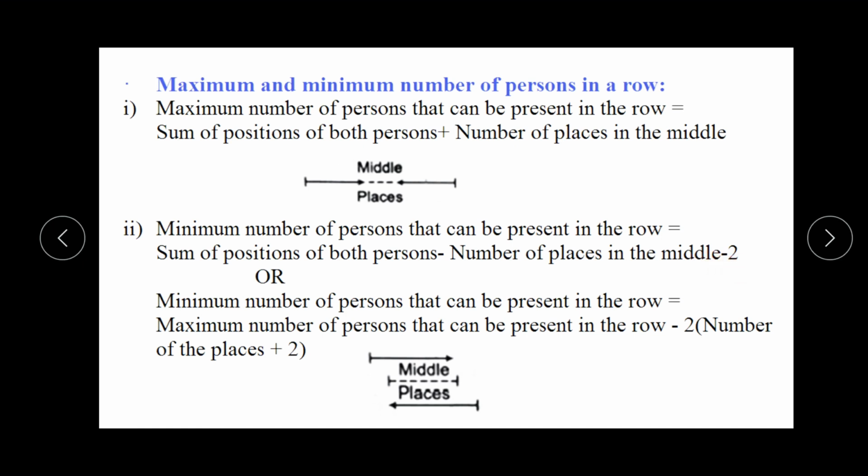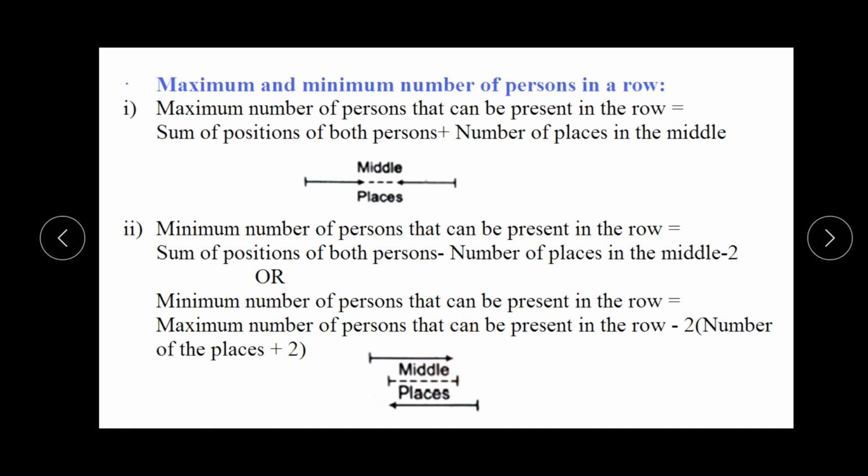Why are we subtracting 2? Because if we are finding out the minimum number of persons, we can see here that from the left side the position is here, from the right side the person's position is here, and there are the middle persons. This position is counted twice. When we are going from left to right, that time we counted this, and when we are going from right to left, that time also we counted this position.